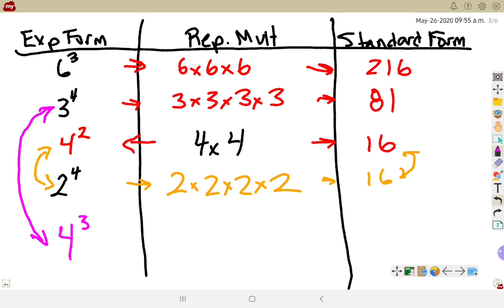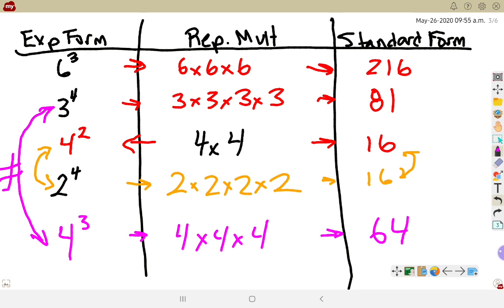Will they be the same thing? Well, this would become 4 times 4 times 4, and that's 64, which is not the same thing as 81. So just because we swap the base and the exponent does not necessarily mean they will be equal. In fact, it's more likely that they will not be equal to one another.